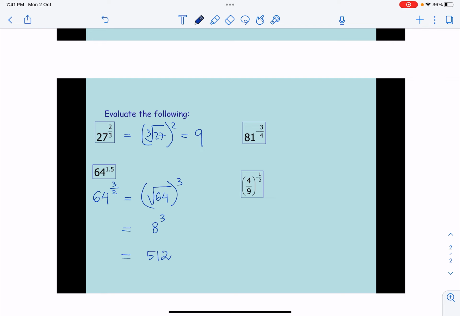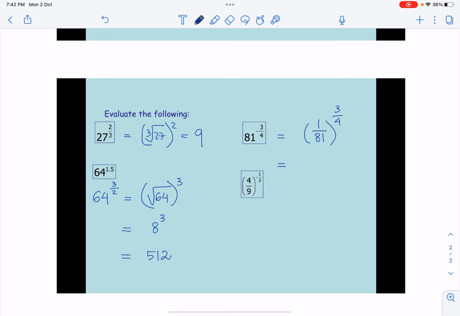Okay, so the next one we are going to combine negative power and fractional power. So 81 power negative 3/4. So remember, the negative power actually means that the base will become its reciprocal. So we are going to apply that first. So if there is a combined negative and fractional power, the best will be to apply the negative power first, negative indices. So meaning the base will become its reciprocal, and then power 3/4.